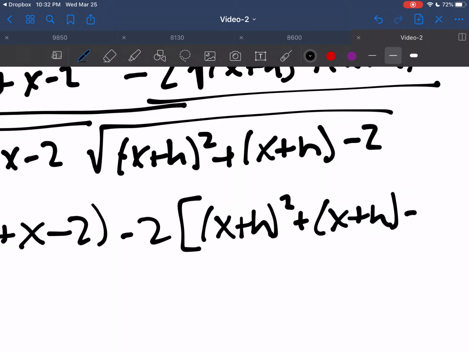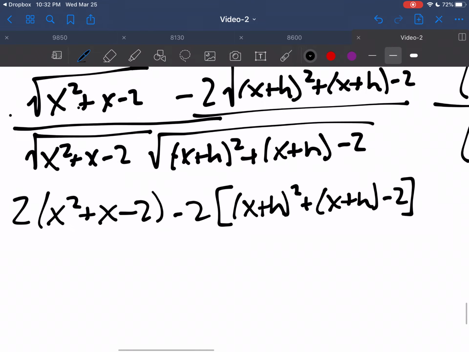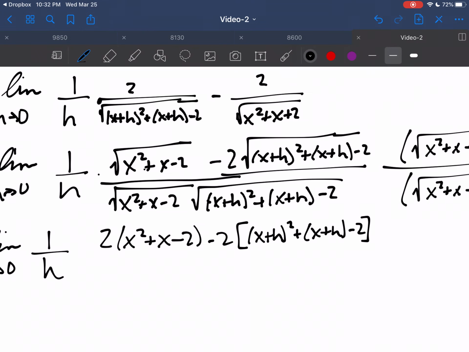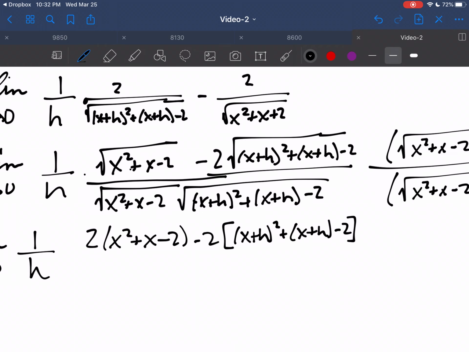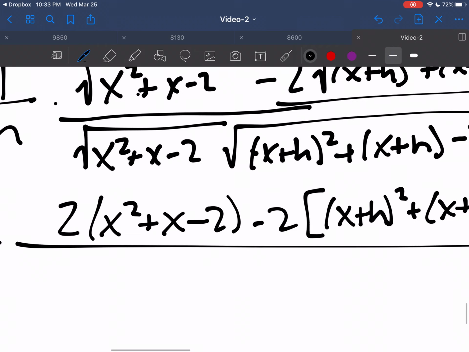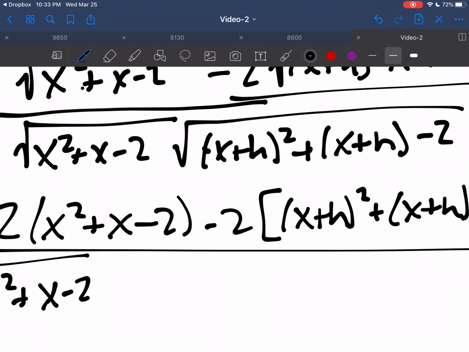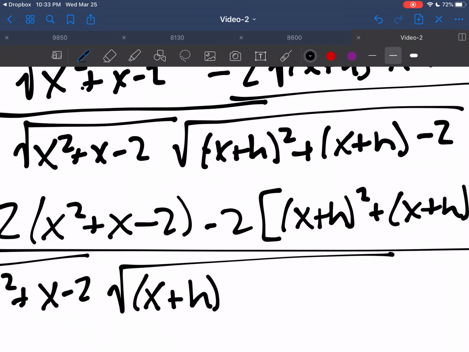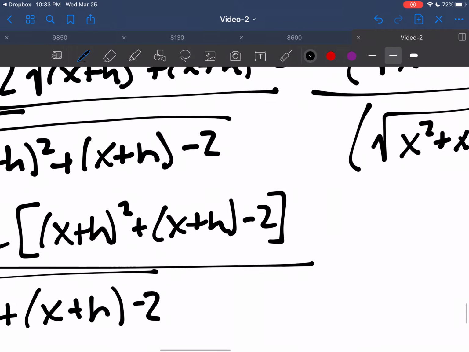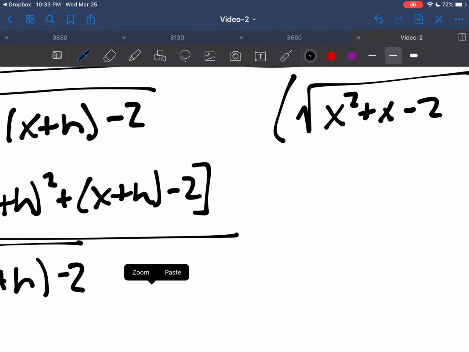That's a minus 2. Alright, just checking. Alright, all that over square root of x squared plus x minus 2 times square root of x plus h squared plus x plus h minus 2 times our conjugate.